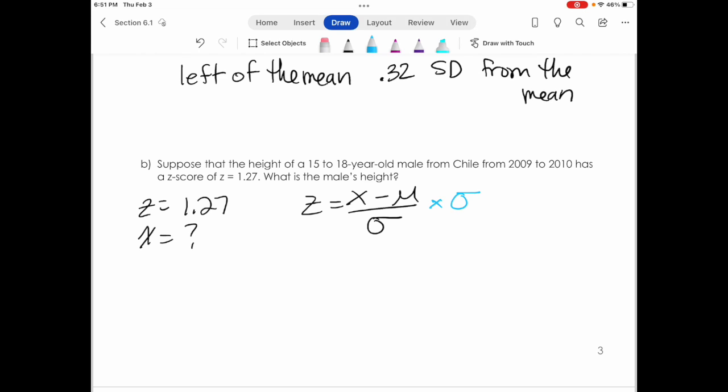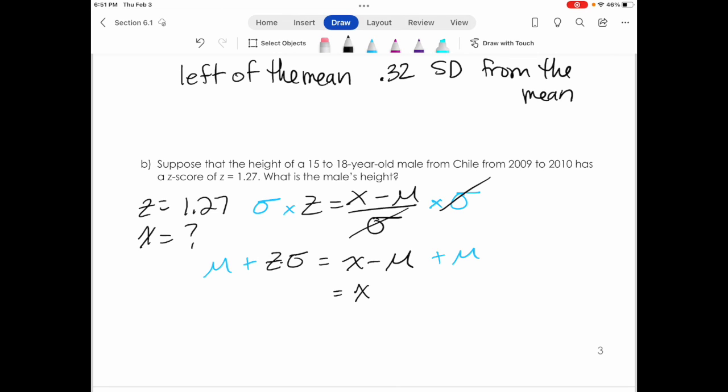So I'm going to multiply both sides of my equation by my standard deviation, and that will allow us to cross that off. So now I'll have z times my standard deviation is equal to x minus mu. So now to get x by itself, I have to just add mu to both sides.